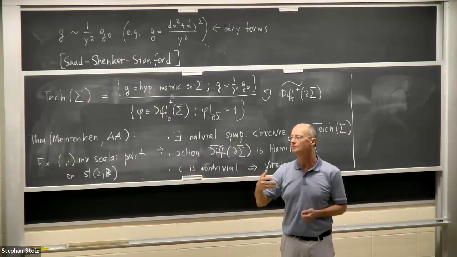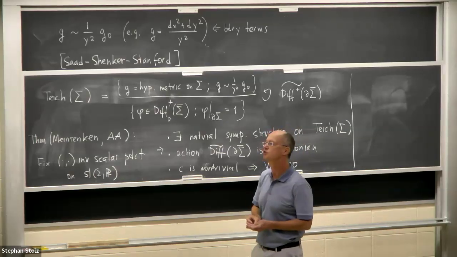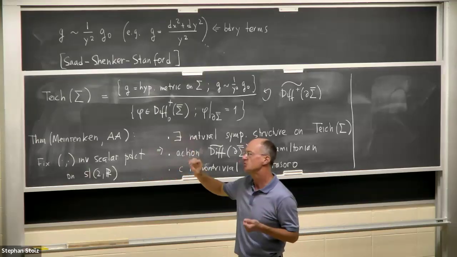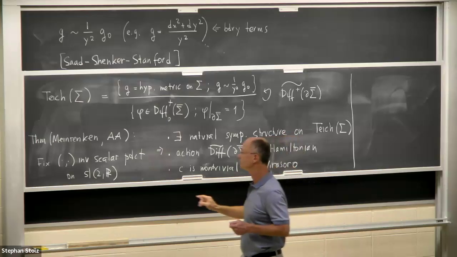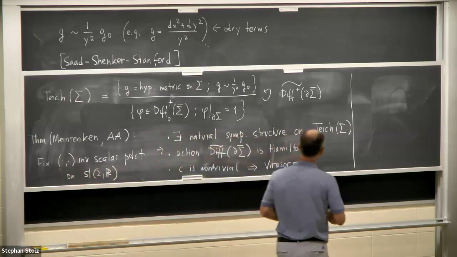So in particular, it does not depend on the surface sigma, right? On the genus of the surface. Here we don't have all that much choice. It only depends on what you loaded there as this scalar product. Right.